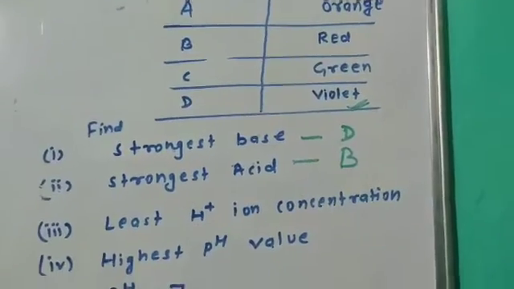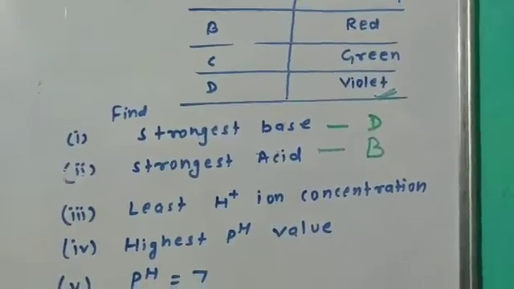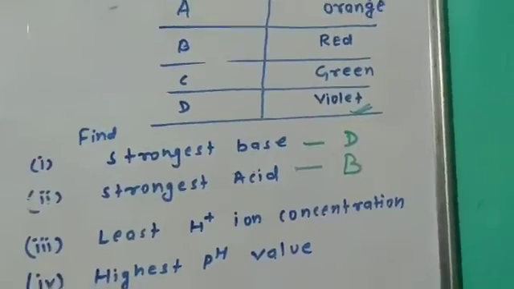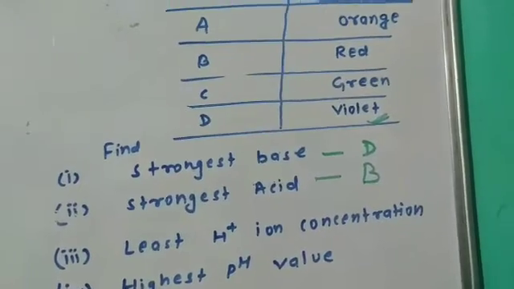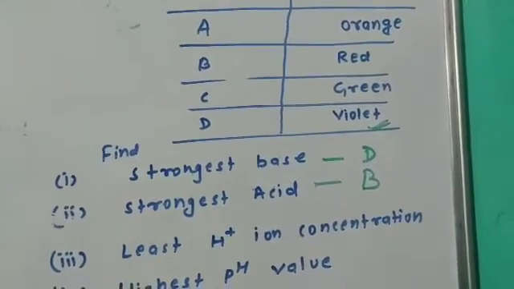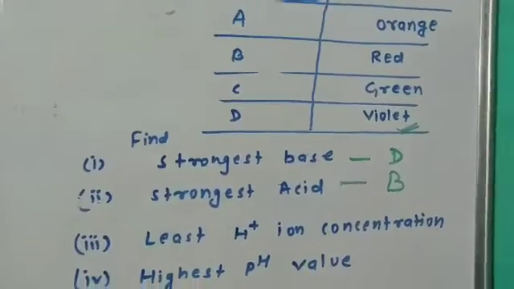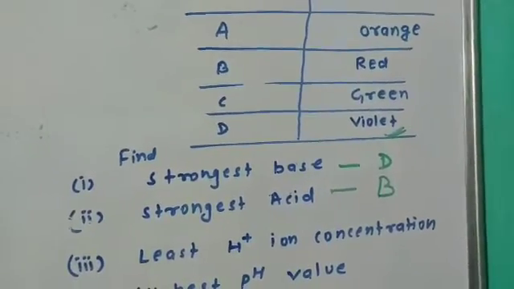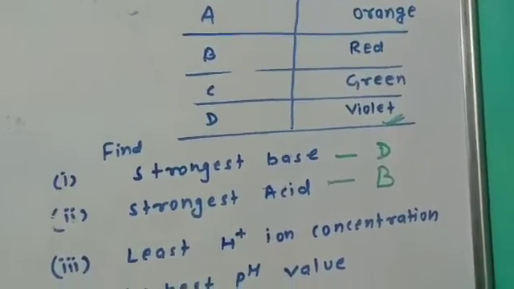Least H plus ion concentration. If the H plus ion concentration is the highest, then it is an acid, and if the H plus ion concentration is the lowest, then it is the strongest base.